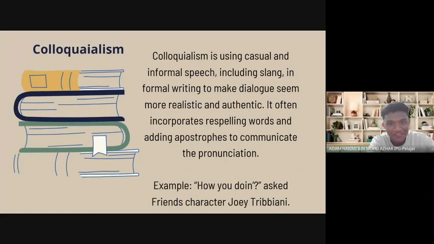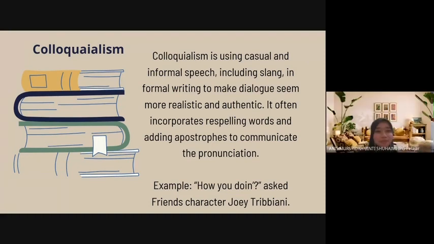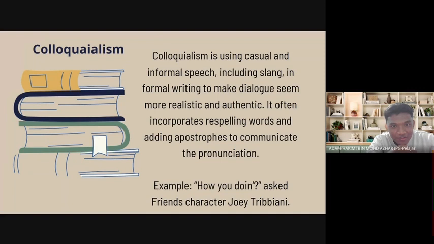Oh, so moving on quite fast. This one is colloquialism. I think this is one of the things we learned back in semester one also in language skills in social context. Colloquialism is using casual and informal speech. Like we know we have slang and we also have colloquialism.